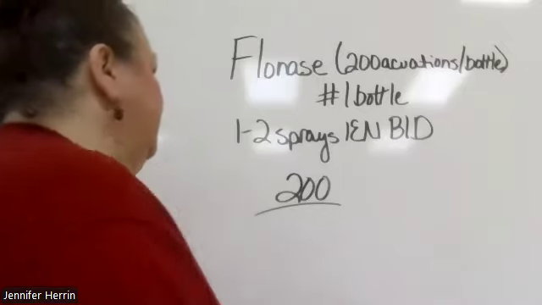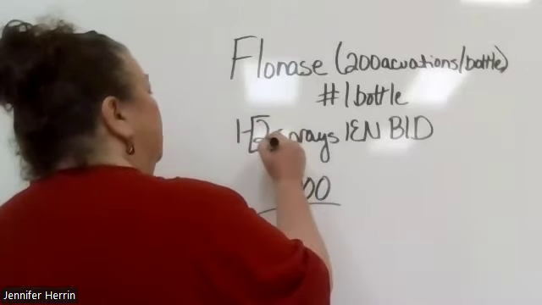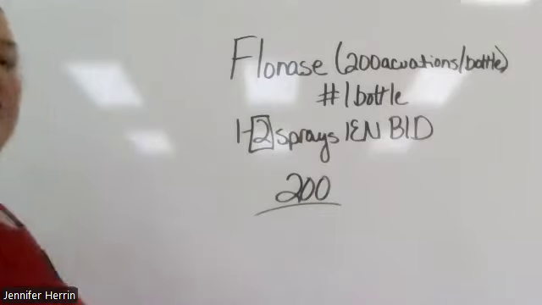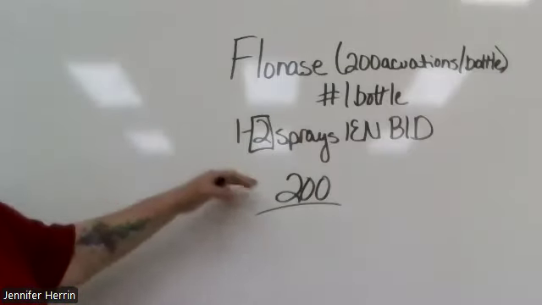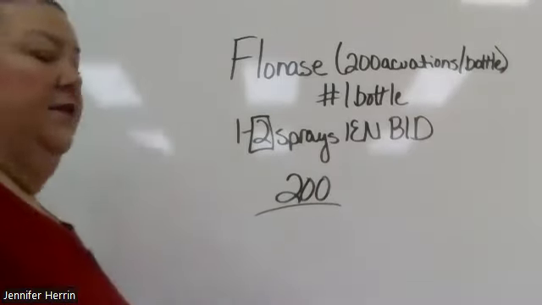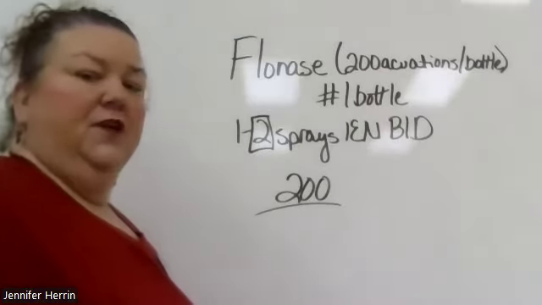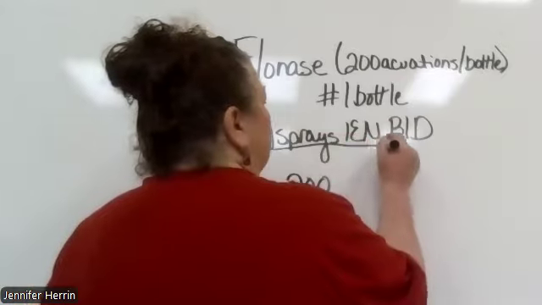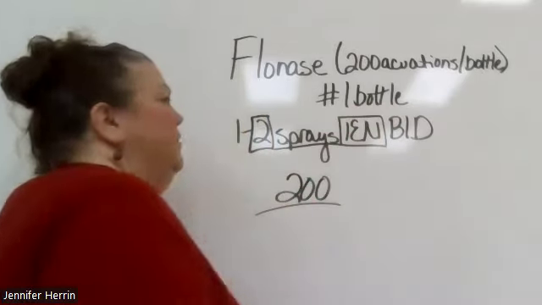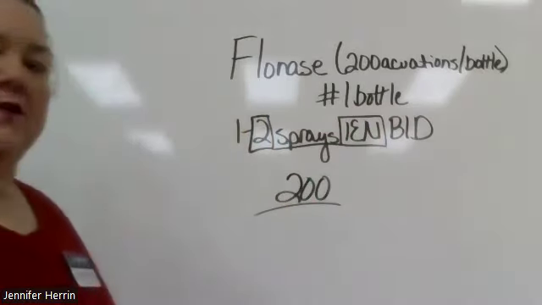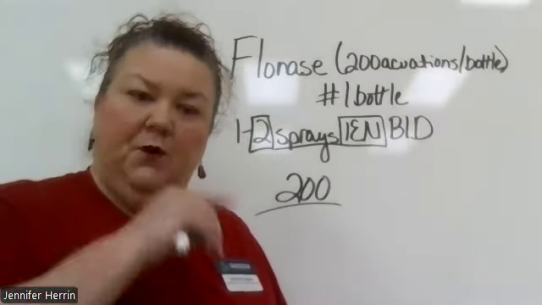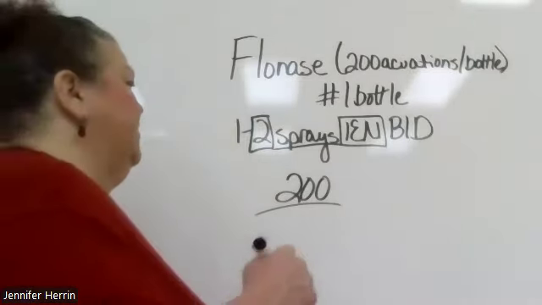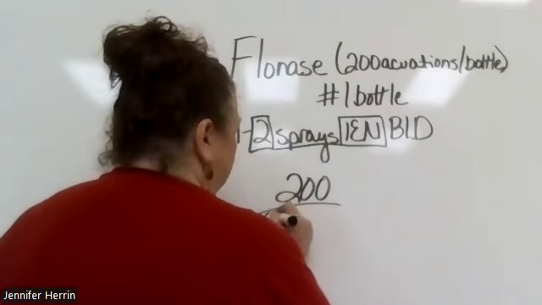Your first inclination may be to go with 2, right? Because 1 to 2, we want the patient to be able to utilize this at the maximum amount that the doctor has allowed for the prescription. However, we are doing these 2 sprays in each nostril, which is going to double that up. So we're doing 2 sprays in one nostril, 2 sprays in the other nostril. That is a total of 4 sprays per dose.